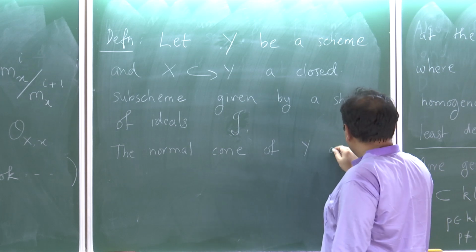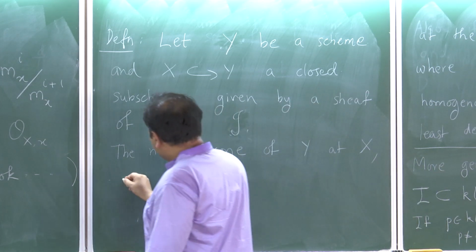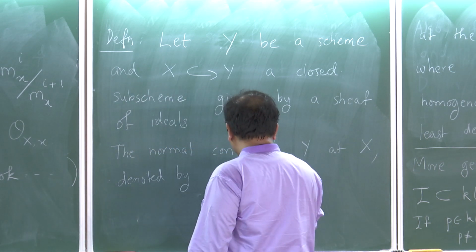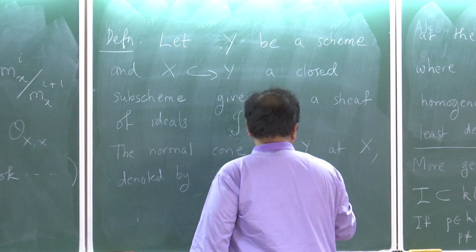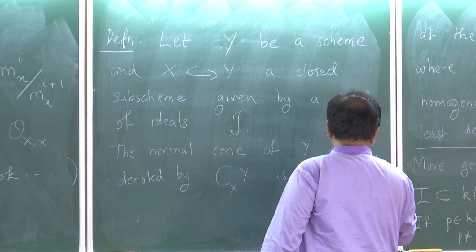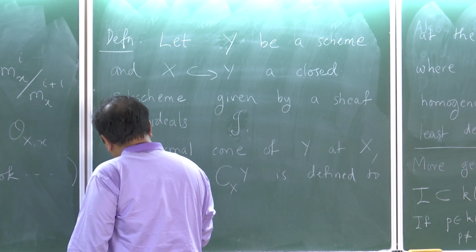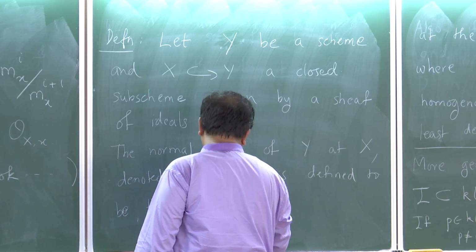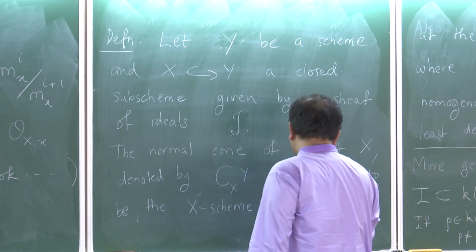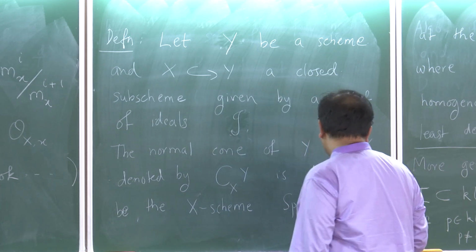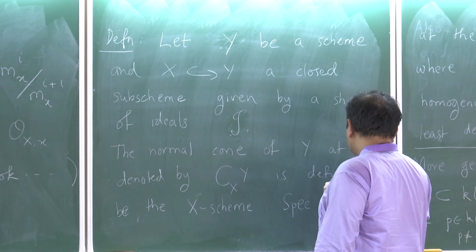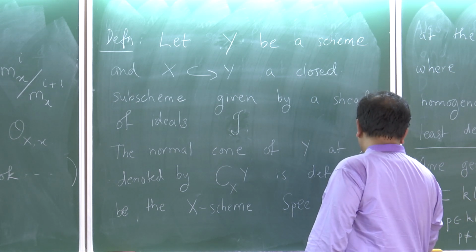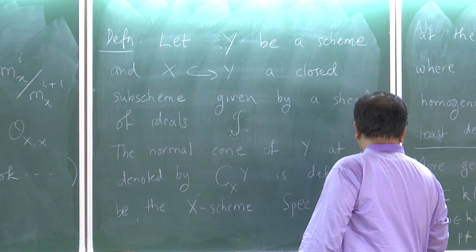Okay, normal cone of Y at X, denoted by CXY, is defined to be the X scheme Spec of the direct sum of I^r by I^(r+1).